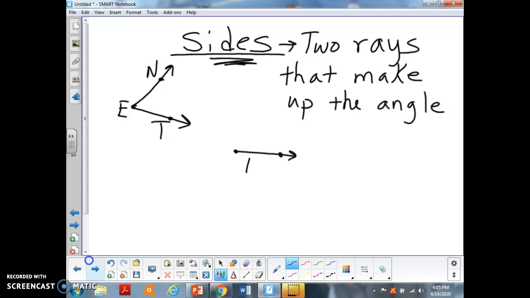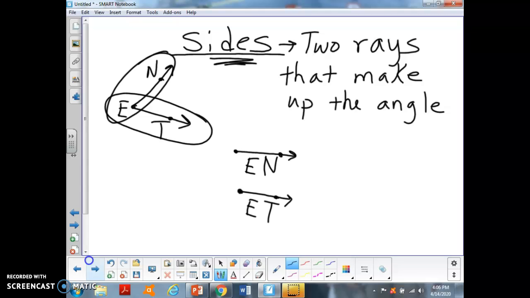First one would be ray E-N. Okay? That's one side of it, right here. And now the other side, again, I use that symbol for ray, would be E-T. Right here. Okay? The 2 sides of a ray. Notice they always begin with the same letter, the vertex, the end point of that ray.